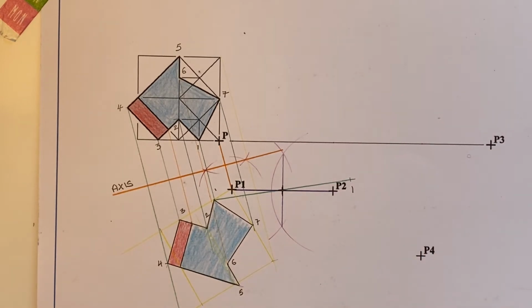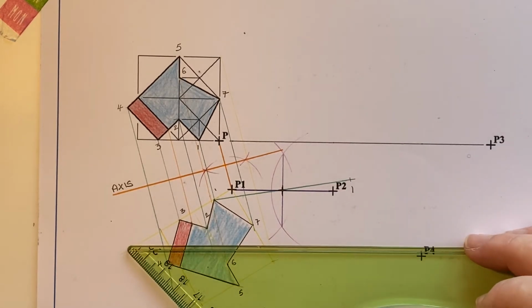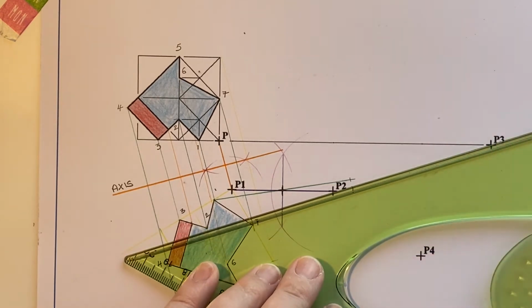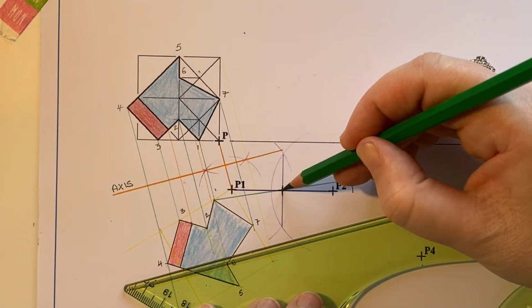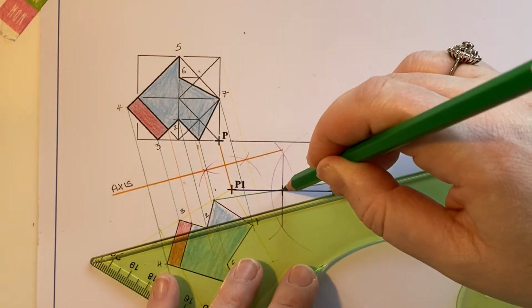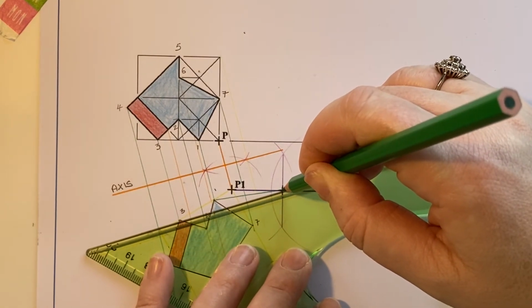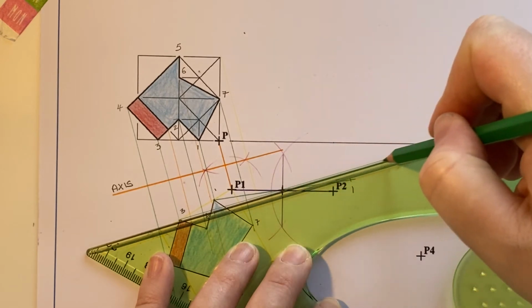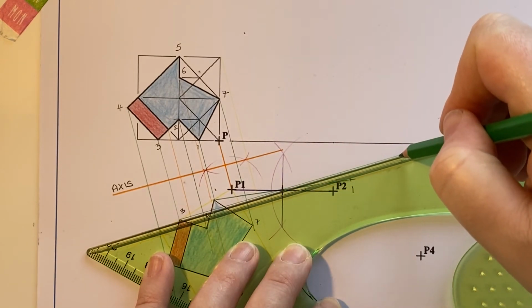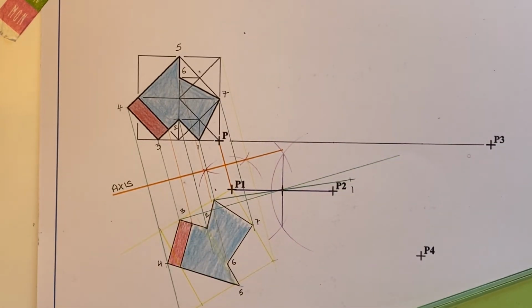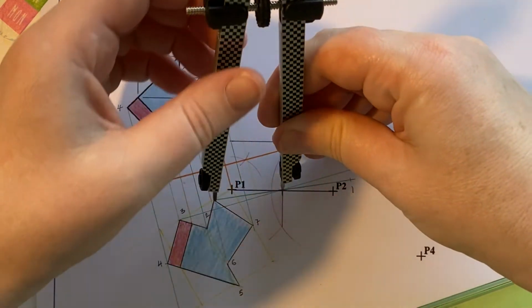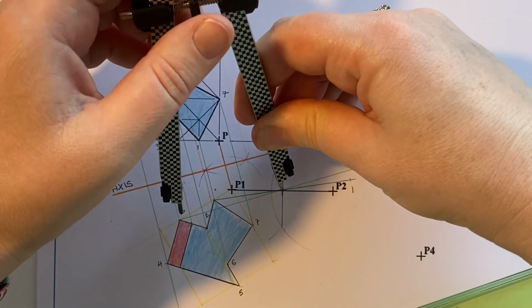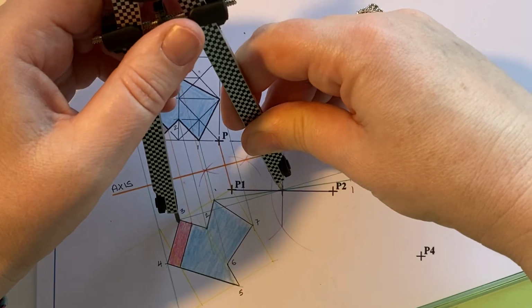Okay. I'm going to do the same thing now with 3. So again, pencil on the central symmetry point, set square up against it, line it up with 3, bring it through, and again, put the compass on the central symmetry point. Put it out to 3, there it is.